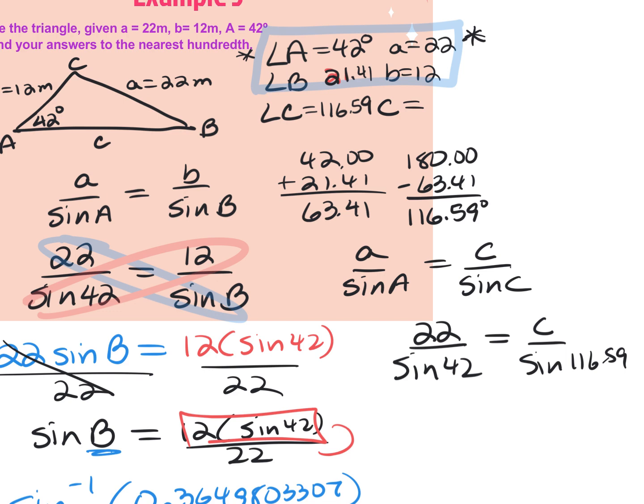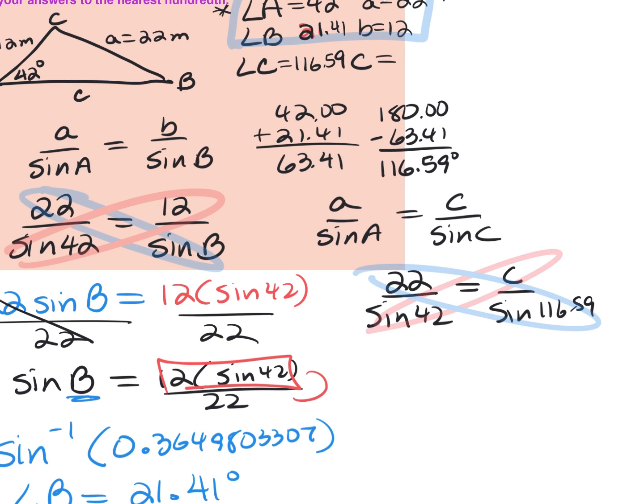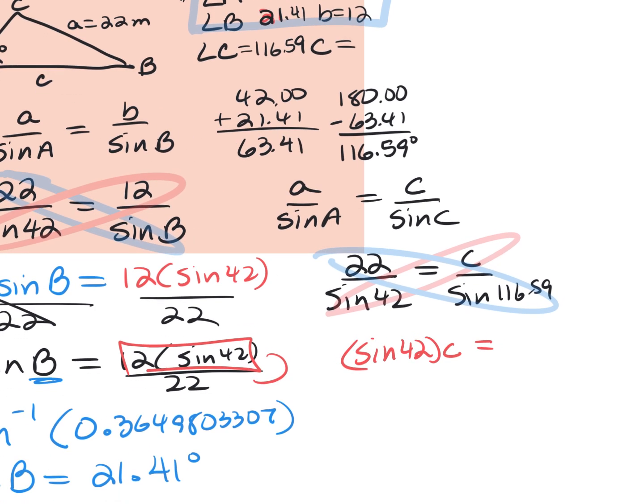Now I'm going to cross multiply, and I get the sine of 42 times C is equal to 22 times the sine of 116.59.